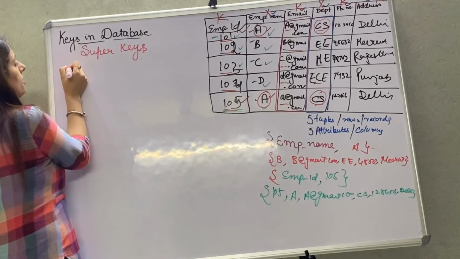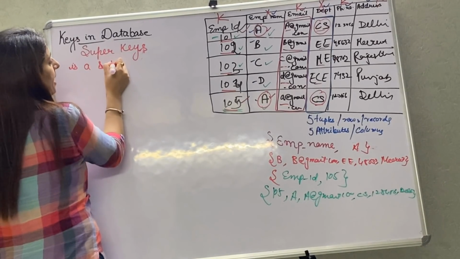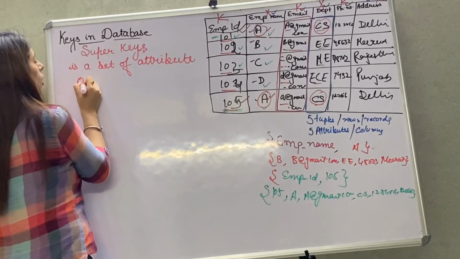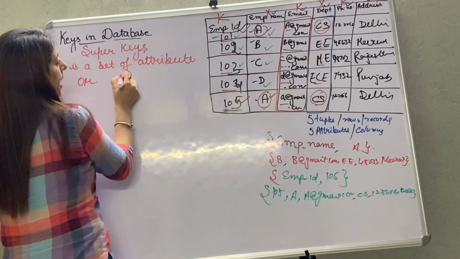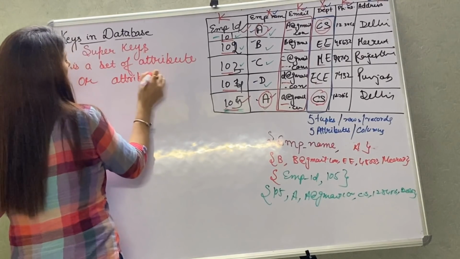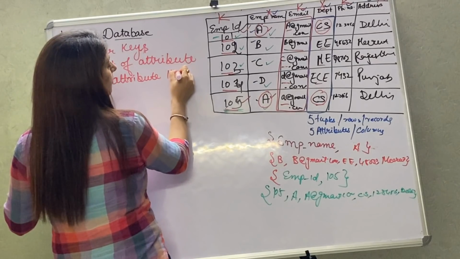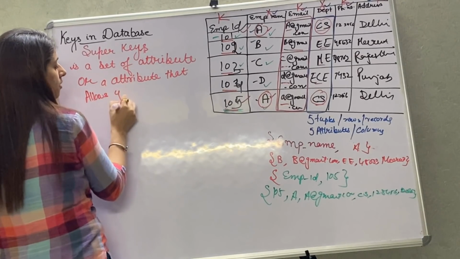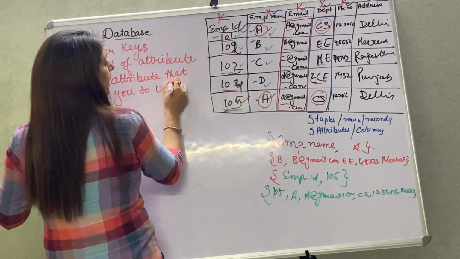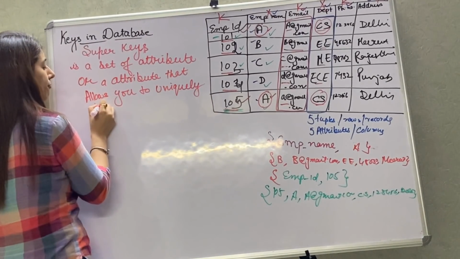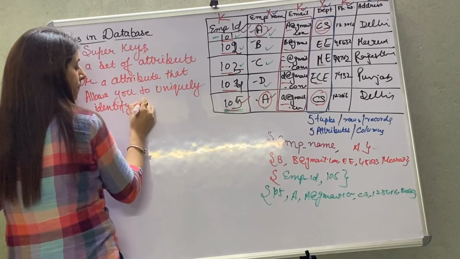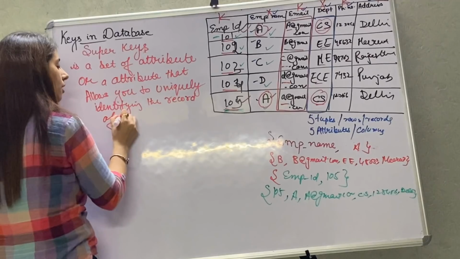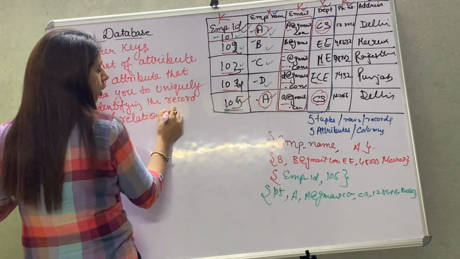A super key is a set of attributes or an attribute that allows you to uniquely identify the record of a relation or table.